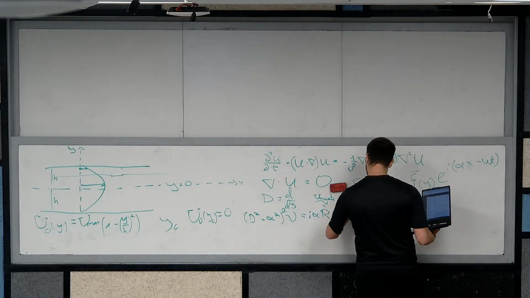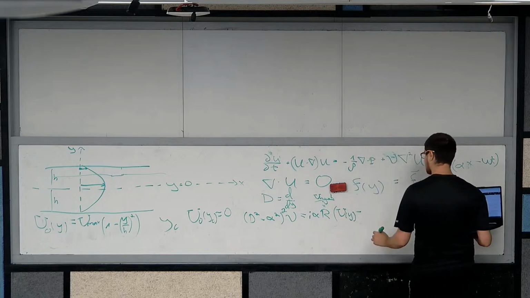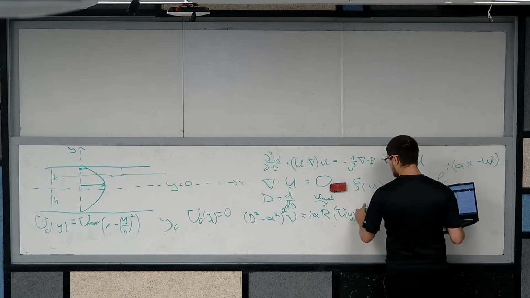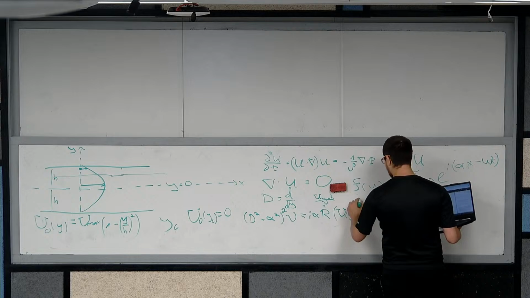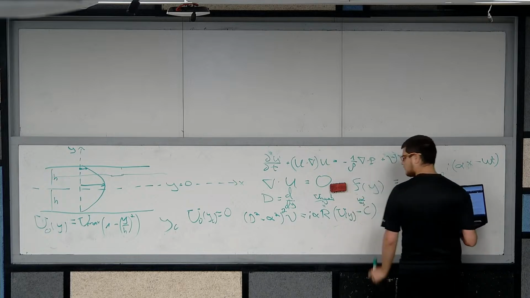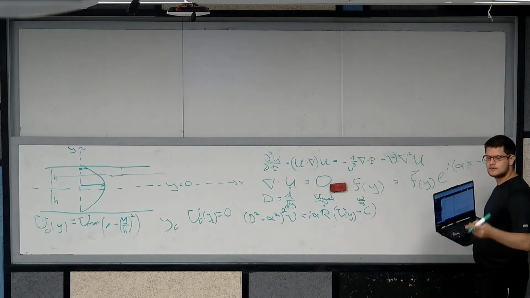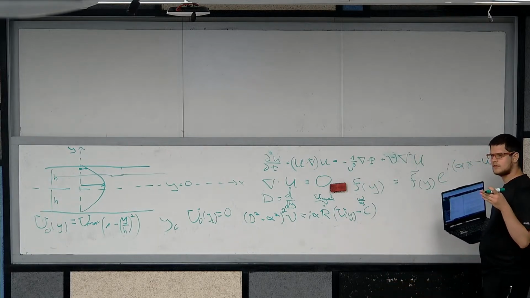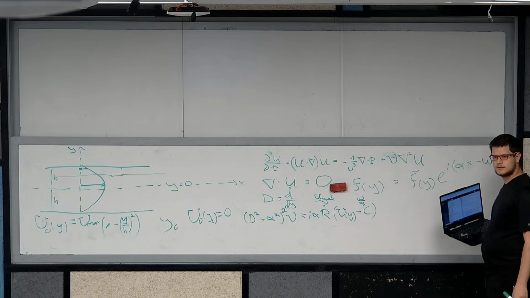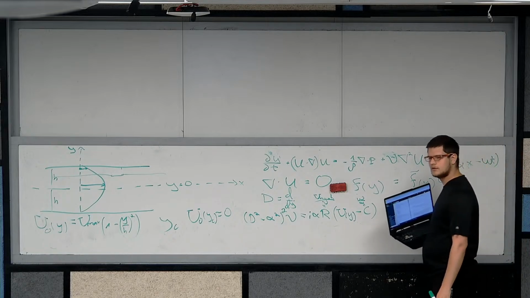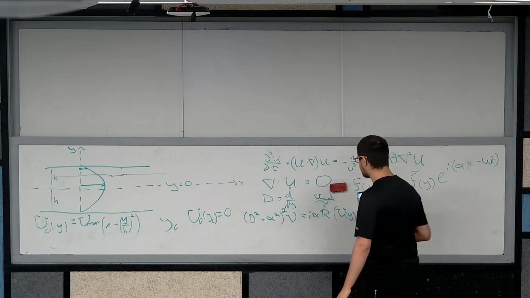U(y) minus c. c is just omega divided by alpha, the wave phase velocity. You remember it from wave course? Okay, nice.